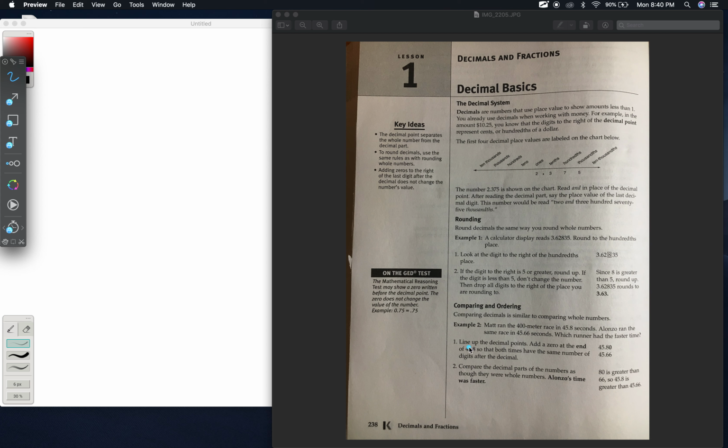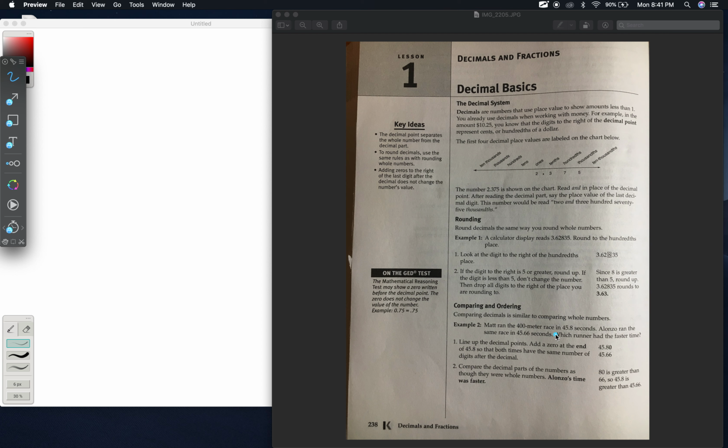So line up the decimal points, add a 0 at the end of 45.8, so that both times have the same number of digits after the decimal. Okay, so that's what they did here.